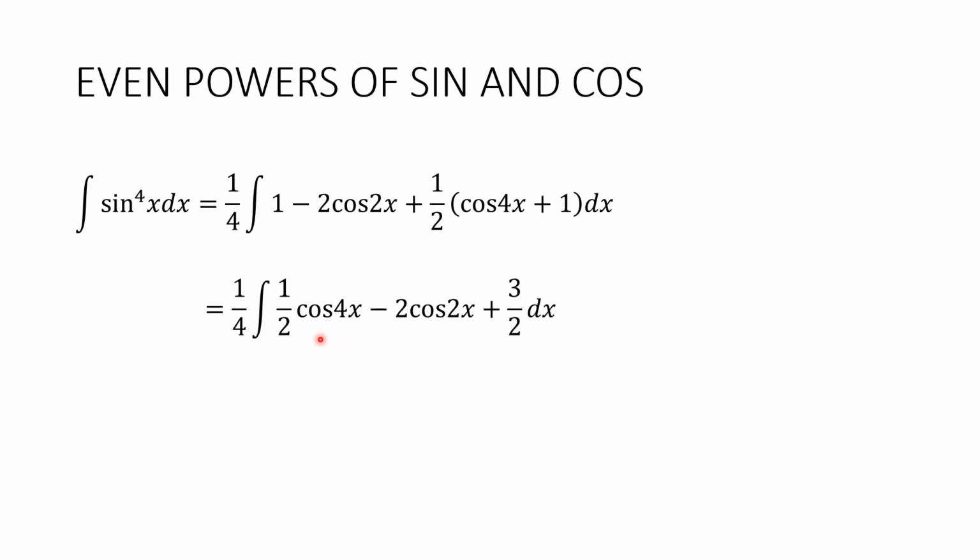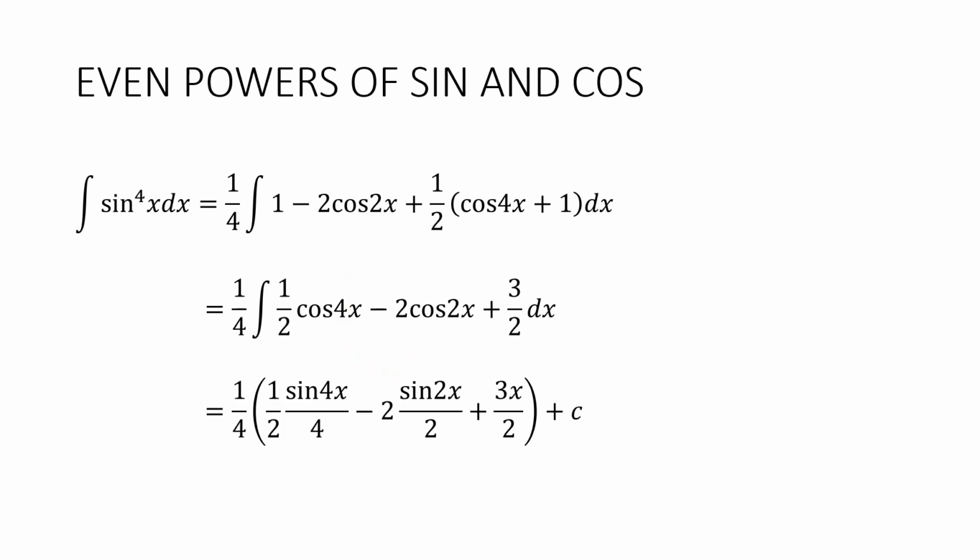So the outside function is cos, the inside function is 4x. So we're going to end up with sine 4x divided by the derivative of the inside function, which is 4. And very similar here. And just tidying that all up, we end up with sine 4x over 16 minus sine 2x over 4 plus 3x over 8 plus c.